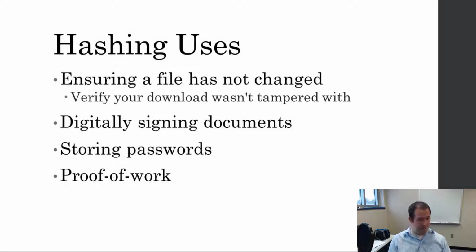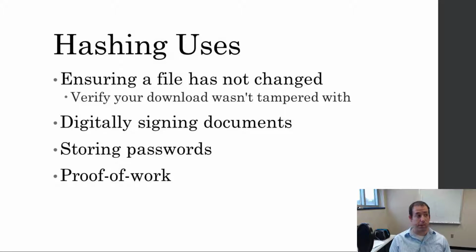Again, also great for storing passwords, and hashes are also good for what's called proof of work. And proof of work is basically a way to prove that a computer has done some work to do something. And this is used for things like Bitcoin to prove that the computer's done work to compute some values.